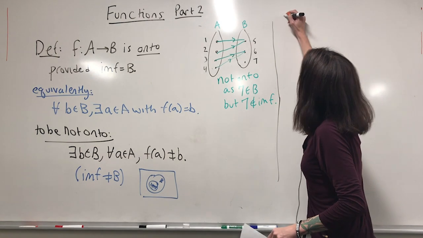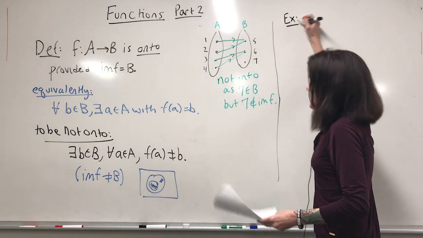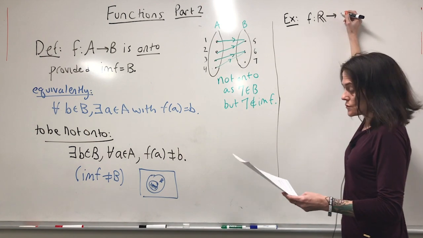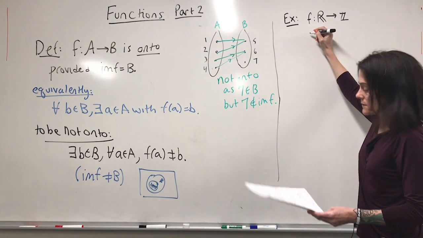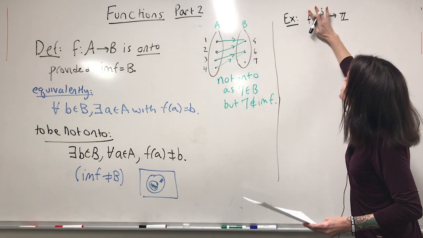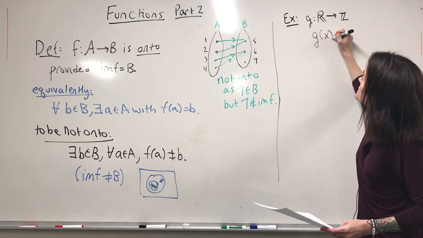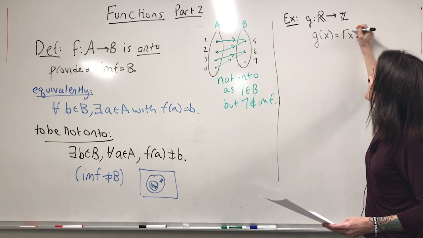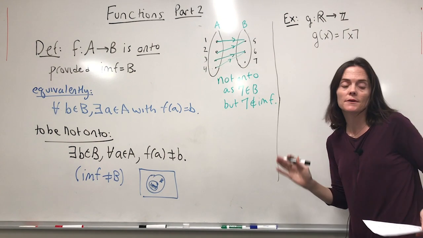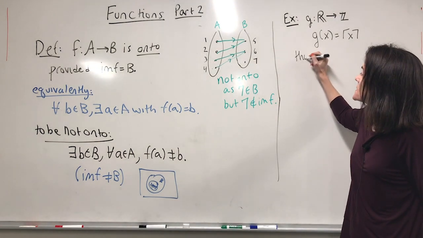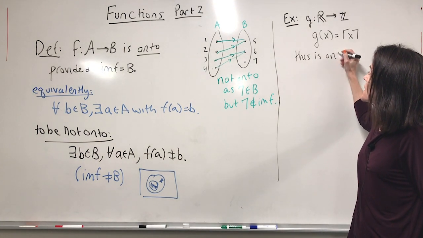The first example we'll do is f, which went from R to Z. Well, we did g. We did the ceiling. So let's do the ceiling, where g of x is the ceiling of x. Okay, round up. The question is, is this onto? Yes, this is onto. Now let's prove it.